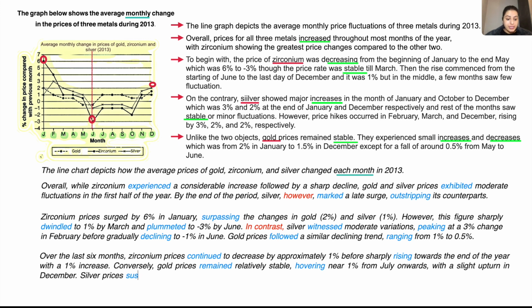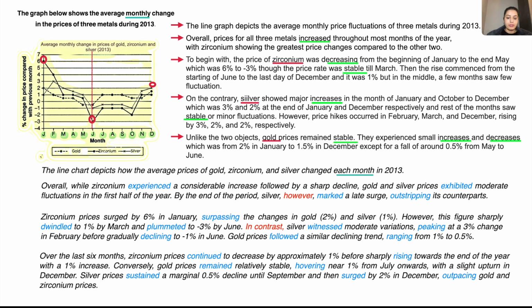Silver prices sustained a marginal 0.5% decline until September and then surged by 2% in December, outpacing gold and zirconium prices. Right? So this is our second body paragraph.